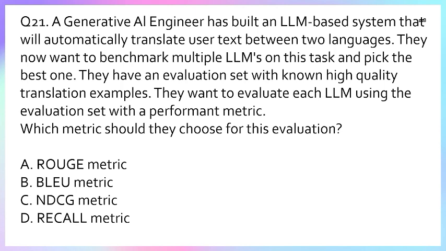BLEU metric: the full form of BLEU is Bilingual Evaluation Understudy. It is the standard metric for machine translation. It measures n-gram overlap between the machine translation output and the reference human translation, widely used in NLP research and industry. So this is the correct answer.